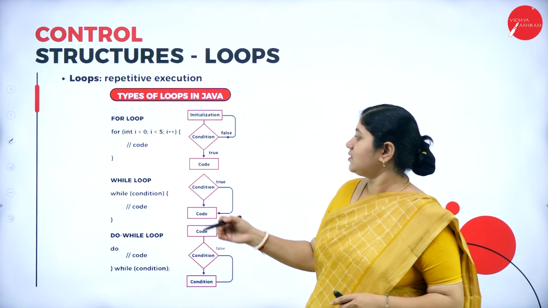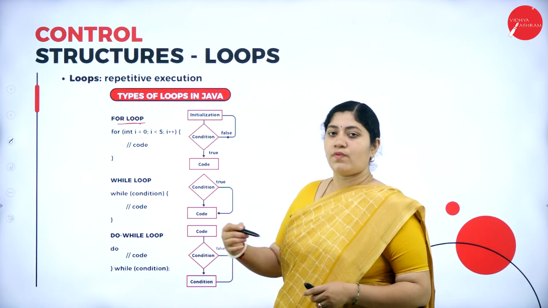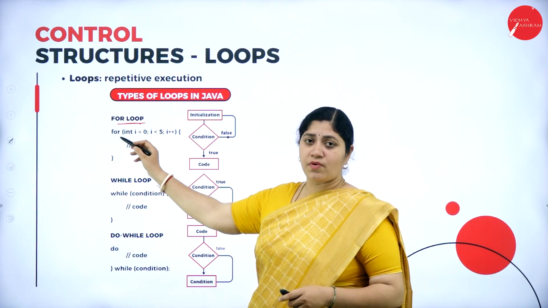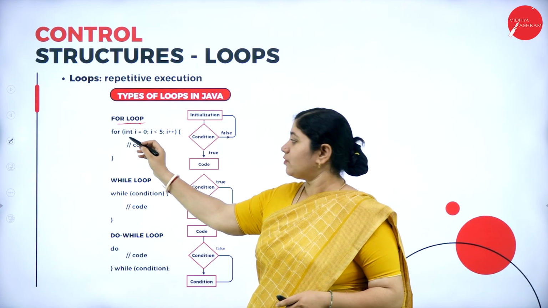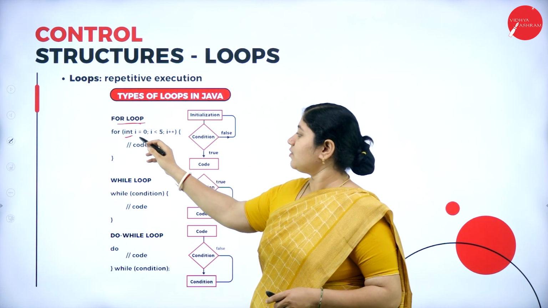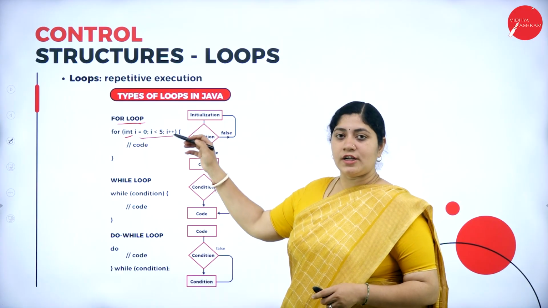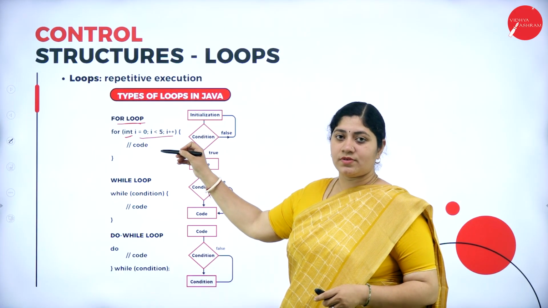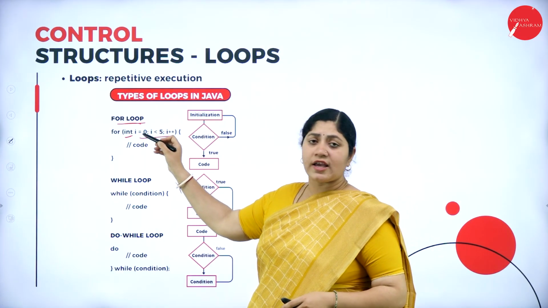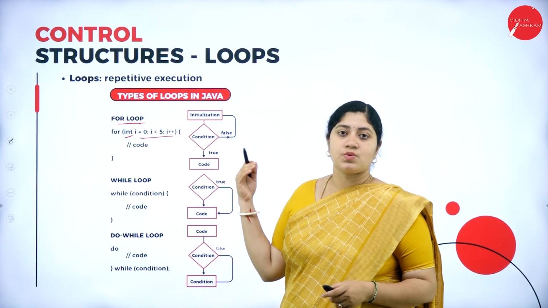The first one is a for loop. The syntax for the for loop will be something like this: for, we will be having a data type which is defined with various values. That is a condition that we have written, like where it should start from and till what value it has to display.